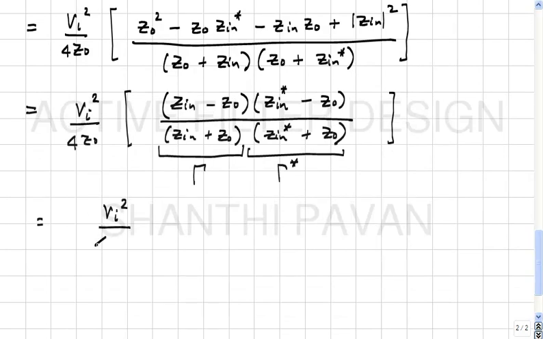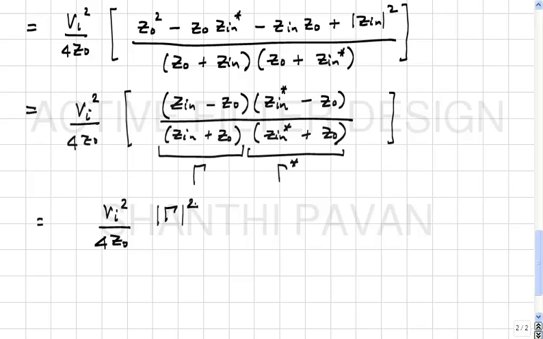Therefore, the difference between the maximum power that can be dissipated in Zn and the actual power that is dissipated in Zn can be written as Vi square by 4Z0 times mod gamma square, right?